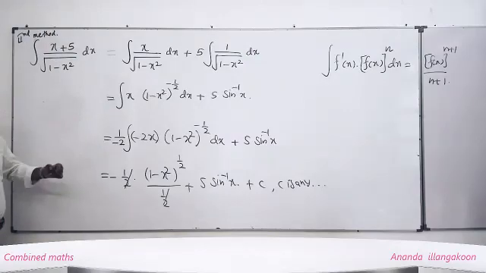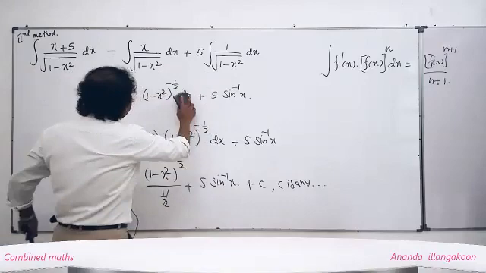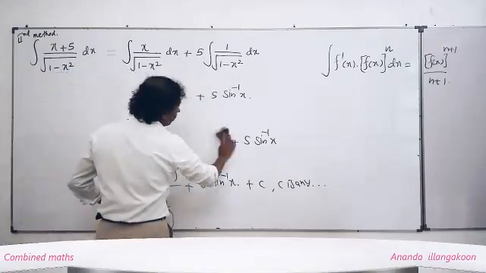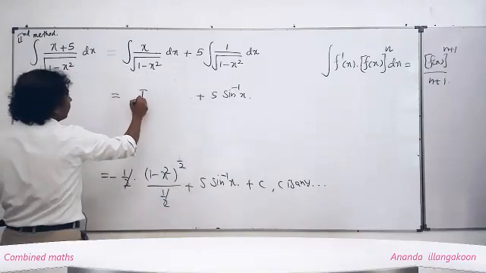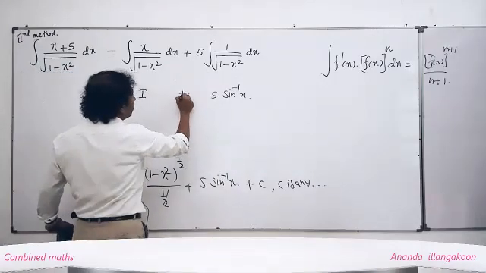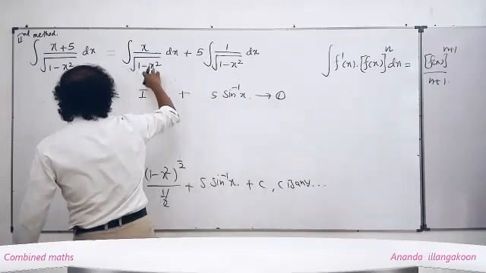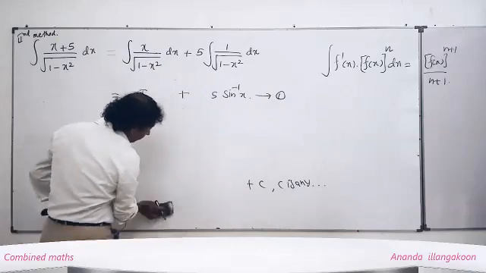I know the first method, okay. In the second method also, we need this step. I take this as I. What? This part. This is equation number 1. Now I'm going to evaluate this I using a substitution separately, under the second method.